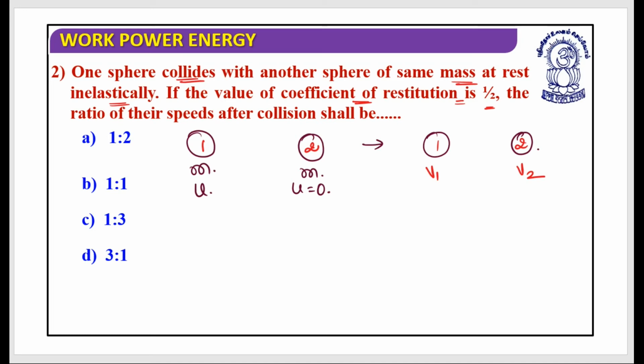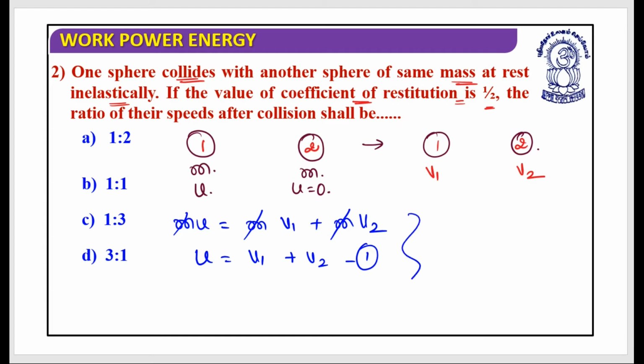So let's do it. First, the momentum conservation can be written as m into u equals m into v1 plus m into v2. So this m has gone, this m has gone, and I'm left with u equals v1 plus v2. This is my first relation. And the second relation is the coefficient of restitution.